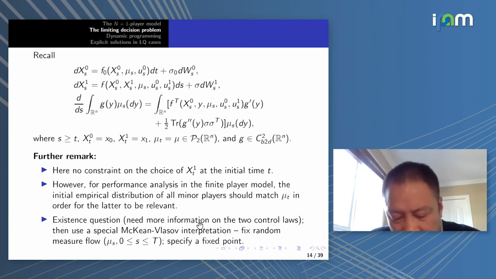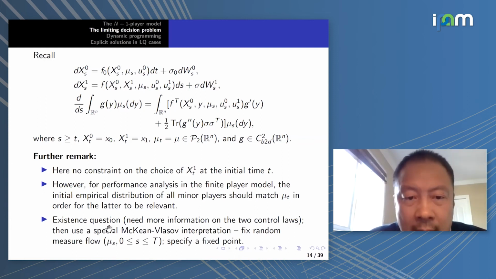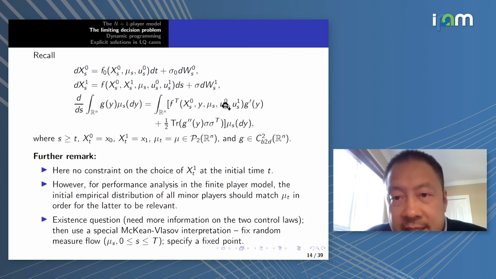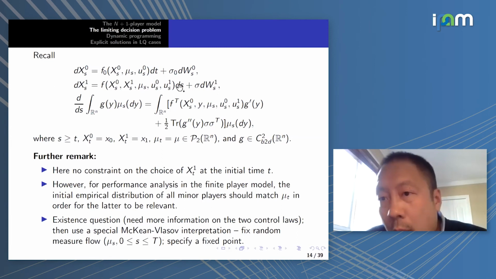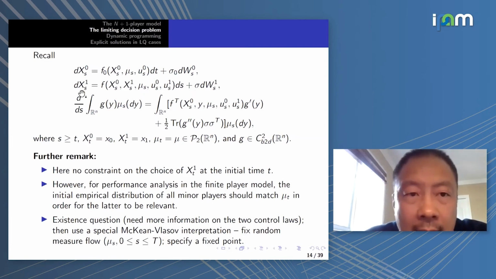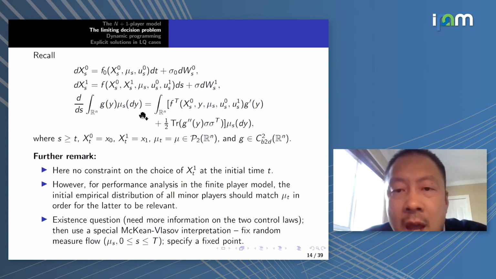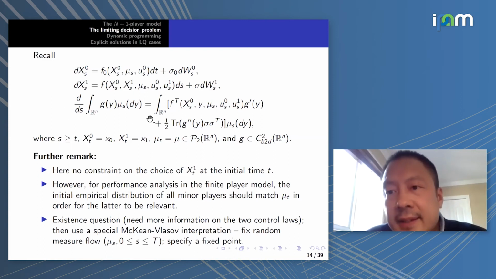To give a complete answer to this question, it is still a little bit too early. The reason is that the answer to this kind of question depends a lot on the structure of the control laws. In any case, given the compact specification of the dynamics here, we can formally proceed to do dynamic programming. That's actually the basic idea of master equations.